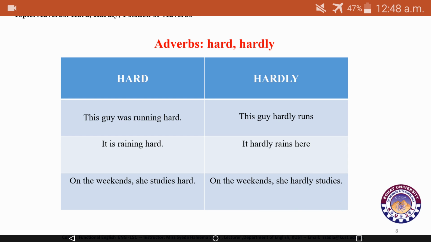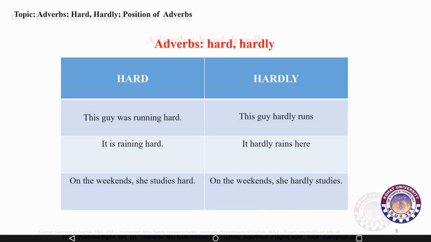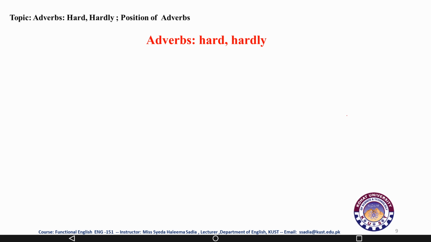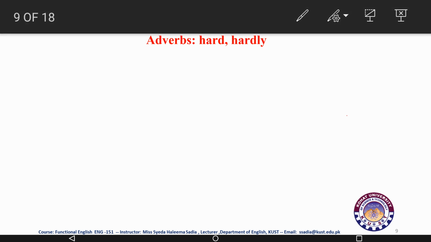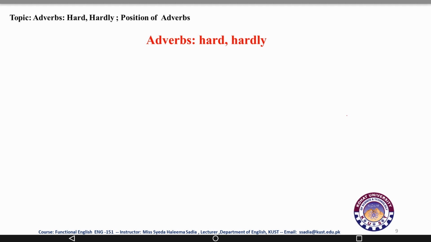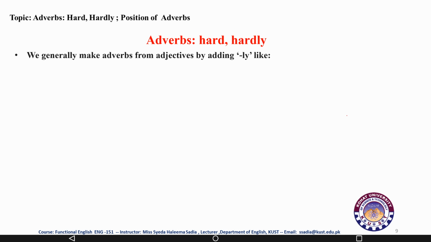So here we see that hard and hardly are almost similar. We can say that hardly can be the adverb of the adjective hard.